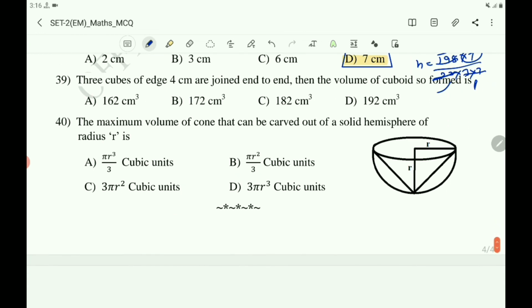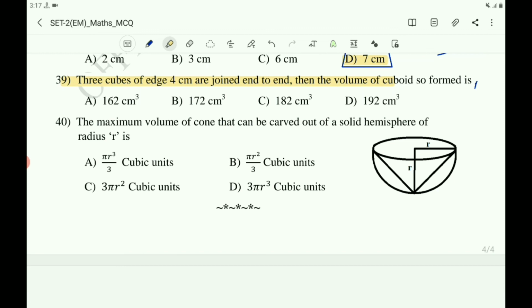Then take question number 39. 3 cubes of edge 4 centimeter are joined end to end. Then the volume of the cuboid so formed is? Joined end to end means one of length, breadth or height becomes 4 plus 4 plus 4.